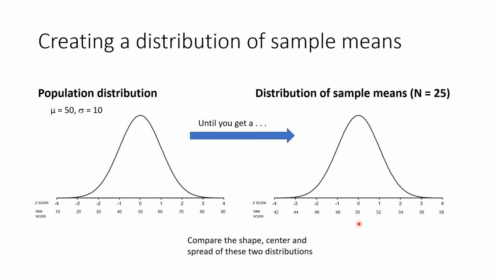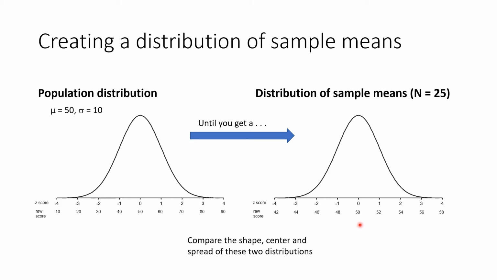Now let's look at how spread out they are. The standard deviation in the population was 10. So that means in z-score units, we're going up z-score steps of 1, but in raw score units, we're going up and down in raw score units of 10, because that's the standard deviation. So you can see that we're fairly spread out.